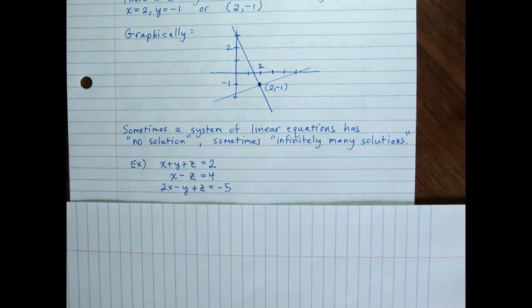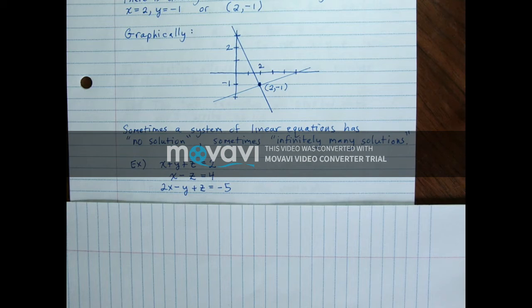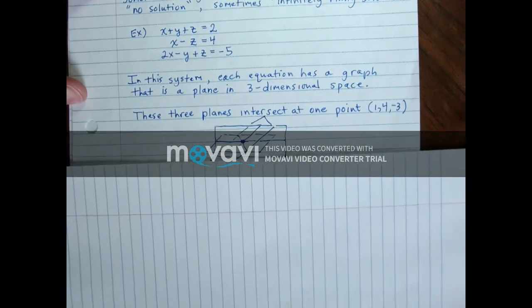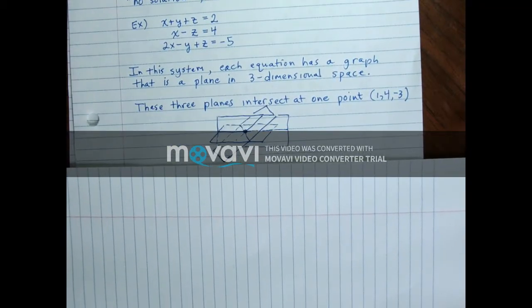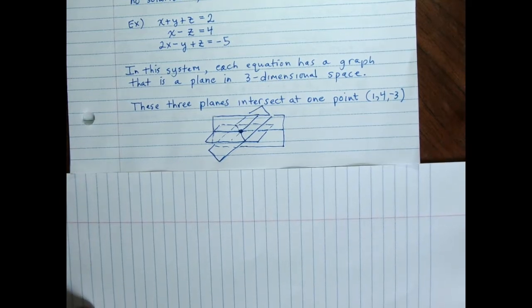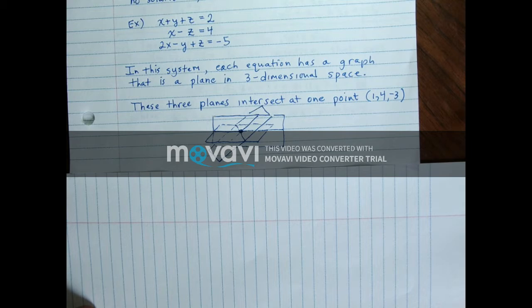And so solving the system of equations amounts to finding a common point, a point of intersection of these three planes. I did not draw a very accurate picture here, just a rough sketch of three planes intersecting in space. And for this system, in this example, the solution consists of the point (1, 4, negative 3).